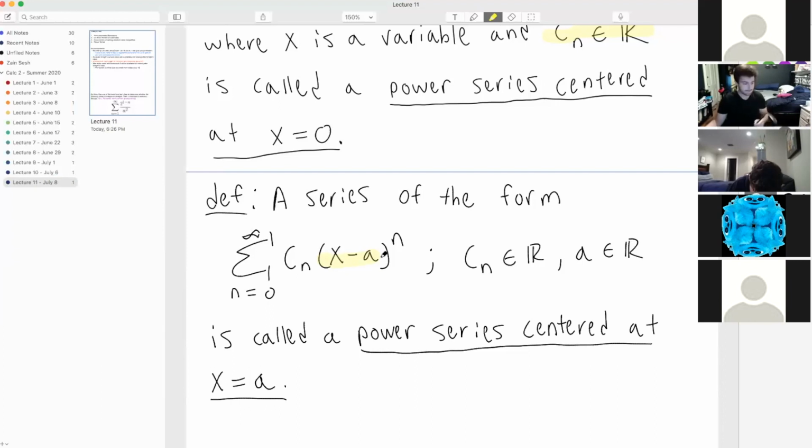Wouldn't that technically be a power series? Wouldn't a bunch of the stuff before, anything with x squared in it? Yes, so the difference in the previous series was that everything was a constant already. What we have here is now this variable x.